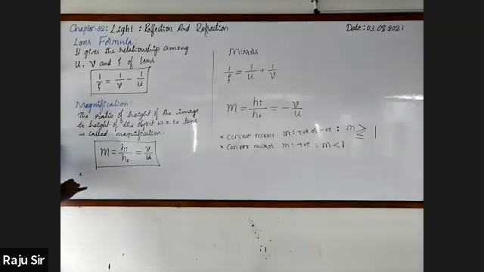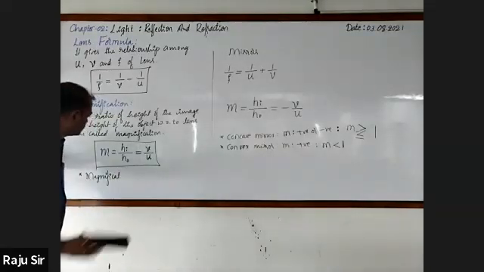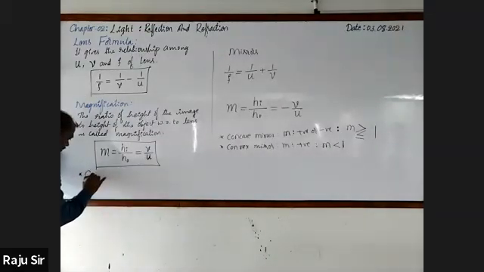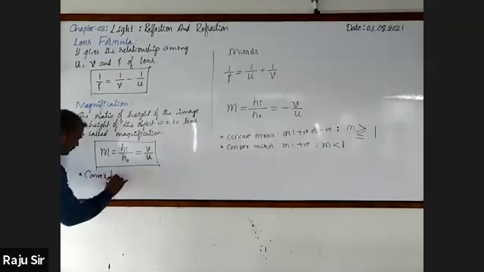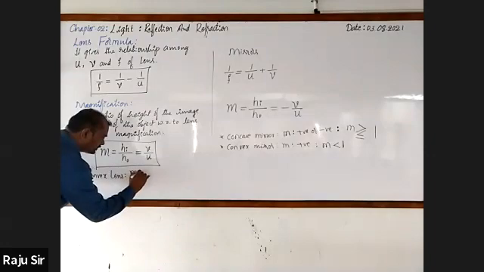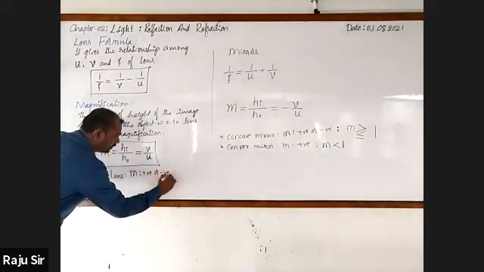Next, write two more points. This is magnification with respect to convex lens. With respect to this, magnification is either positive or negative.